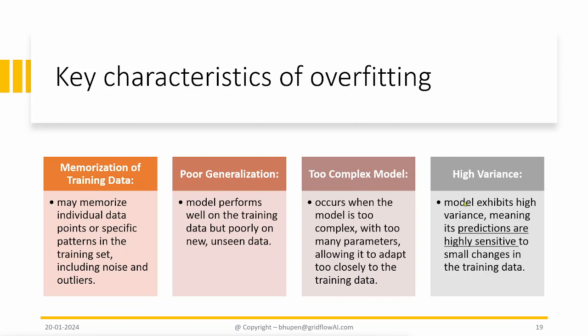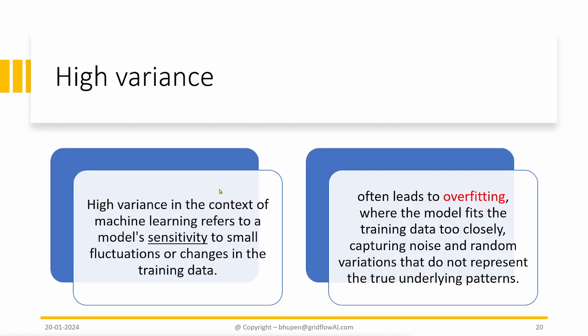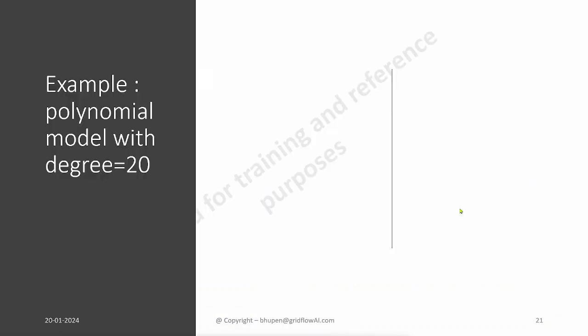This also results in a high variance model. That means the predictions are highly sensitive to changes in the test data. A high variance model in machine learning refers to the sensitivity of the model to small fluctuations. And in most cases, a highly varying model also leads to overfitting.